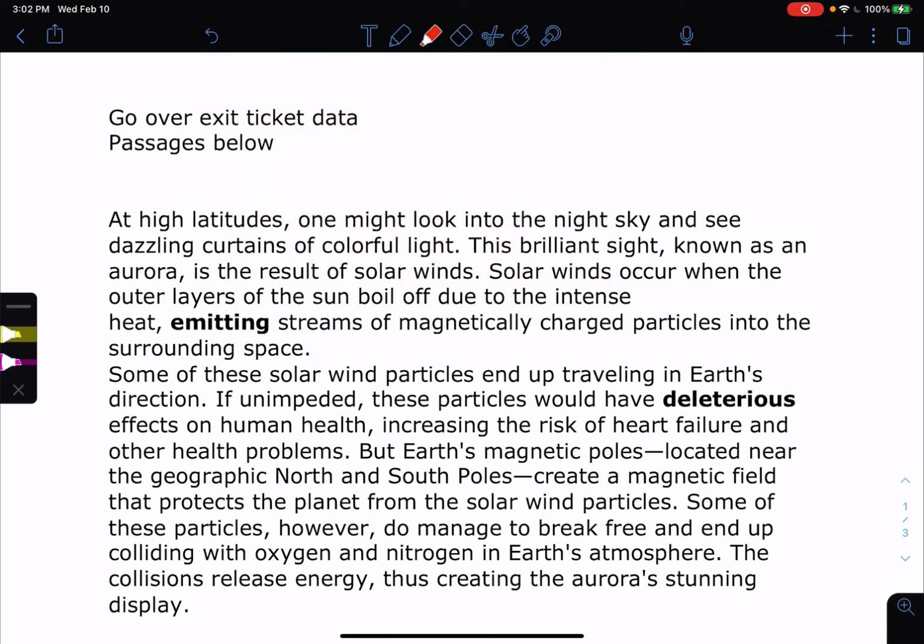At high latitudes, one might look into the night sky and see dazzling curtains of colorful lights. This brilliant sight, known as the aurora, is the result of solar winds.